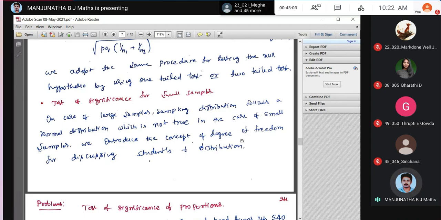Mean is given, so again x1 bar, x2 bar is given, use the corresponding formula for z, and you conclude the result by taking one tail or two tail test at 5% level and 1% level. That is, when attributes, difference of mean, or sample mean is given, we conclude by using one tail or two tail test.